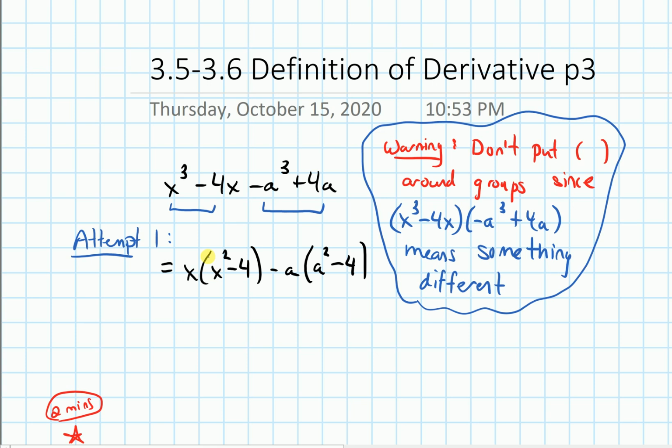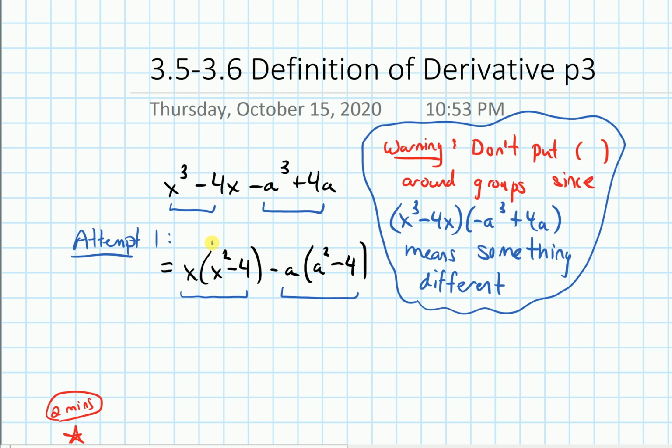And the next thing I have to ask myself now is, when I look at this first group, and I look at that second group, do they have any terms in common? So for example, if I look at this first term, this x, is there an x as one of the factors in a times a squared minus 4? So the answer to that is no, there's no x.